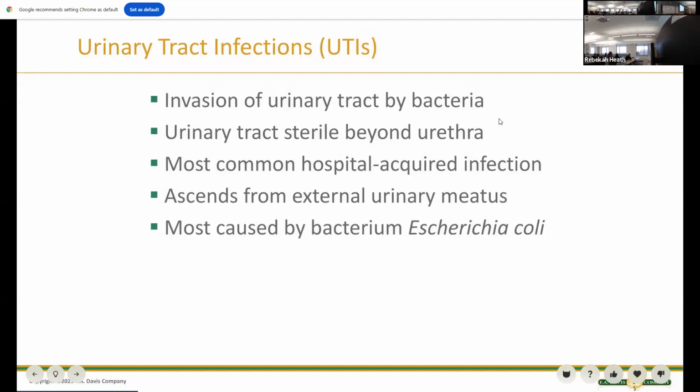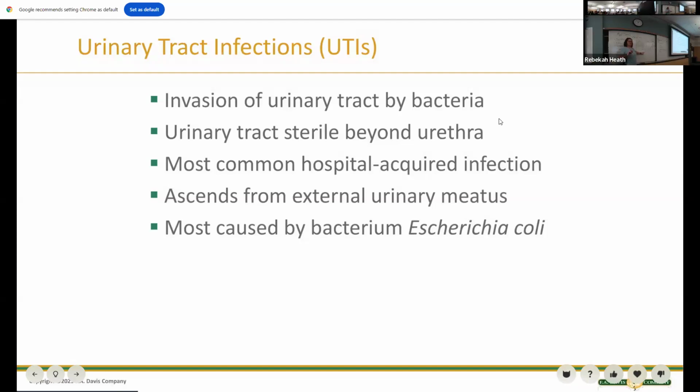If we have a urinary tract infection, it's usually acquired by healthcare, right? It's usually that we've done something, oftentimes catheterization, that introduces bacteria into this system. A lot of times, especially if we have fecal incontinence, especially with women, if stool is around this urinary opening, bacteria can ascend.